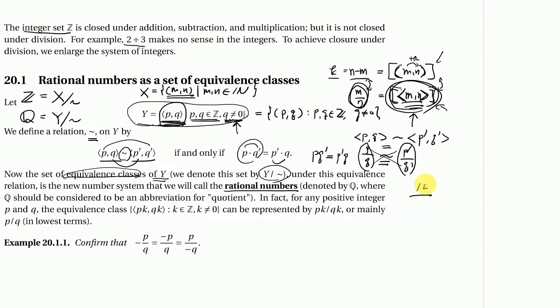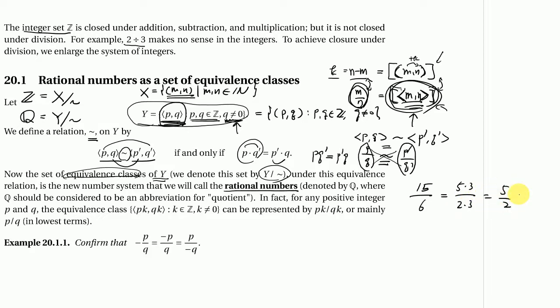Let me say 15 over 6. And that rational number is 3 times 5 and 2 times 3. So let me write it this way: 5 times 3 and 2 times 3. So it's the same as 5 halves, right?